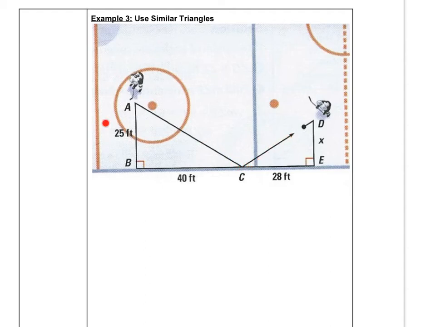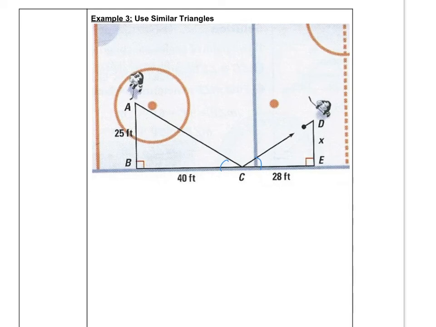So if he were to shoot from over here, let's say this is coming in at a 30-degree angle, it's going to go off at a 30-degree angle. Even though they don't give us how many degrees the puck is coming in to bounce off the wall, we know because of physics it's going to bounce off the same. So angle C is going to be equal to itself here. So they are similar triangles.